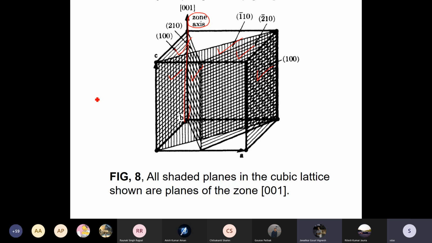So let me give you a lambda value of a beam of electron, say 0.003 angstrom, and the d spacing is say 3 angstrom. What will be the theta value?